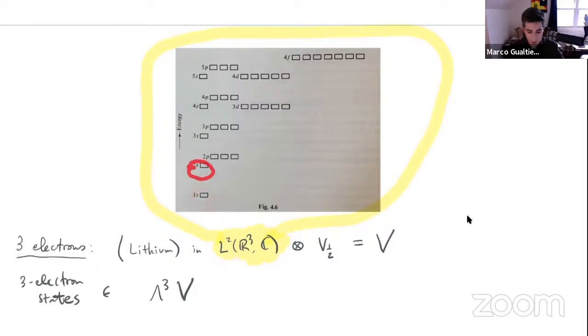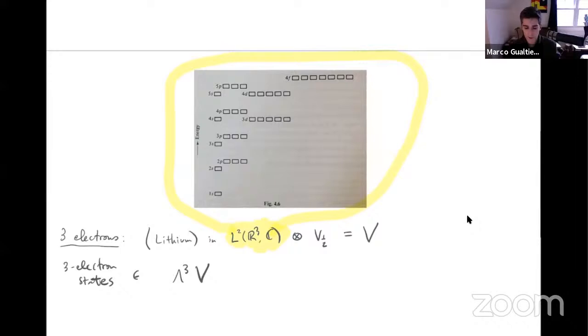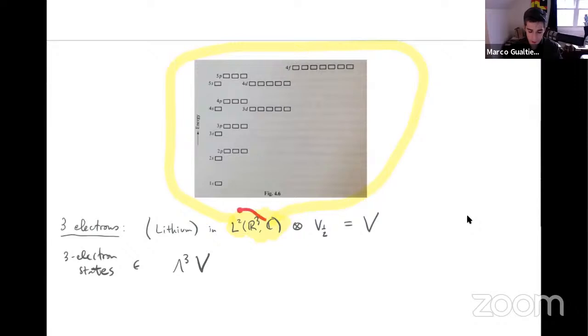And then we have another one-dimensional part, and then this three-dimensional representation of SO3. And then this is repeated, and then I have a five-dimensional representation of SO3. This is how we decompose L2, and we don't need to worry about the whole L2 because we're not going to put in electrons of huge energy. We're going to assume that they are filling up the lowest energy states, the easiest ones to fill.